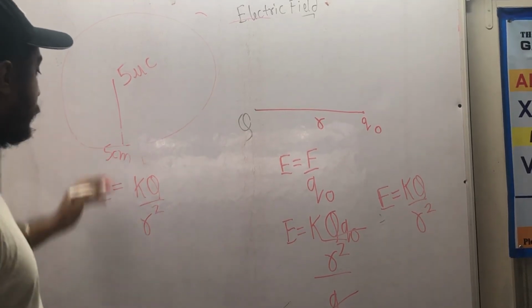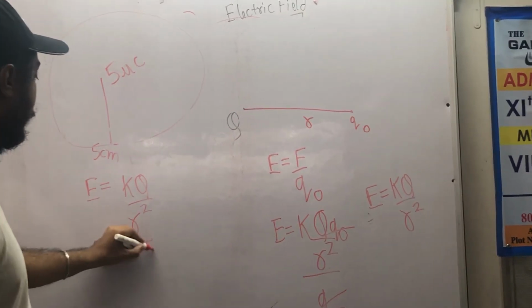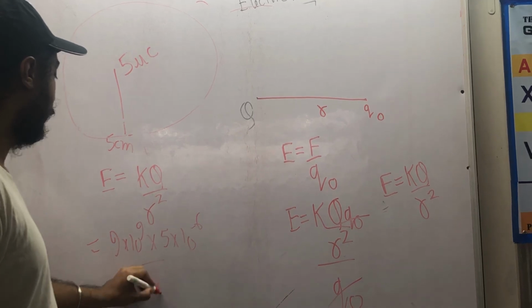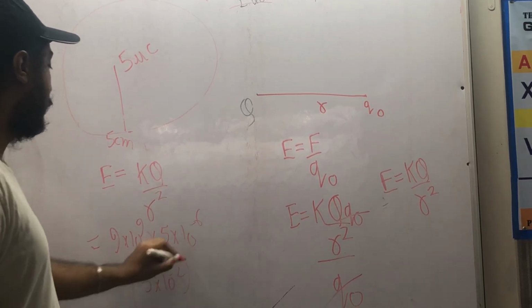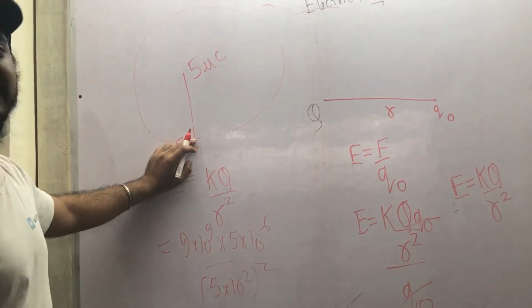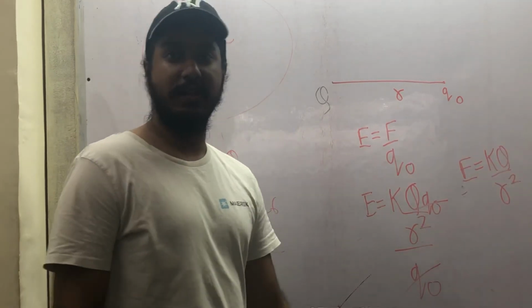That is 9 into 10 to the power 9 into 5 into 10 to the power minus 6 upon 5 into 10 to the power minus 2 whole square. So you can find out this value, and you will know the strength of the electric field at this point. This is the application of the electric field intensity formula.